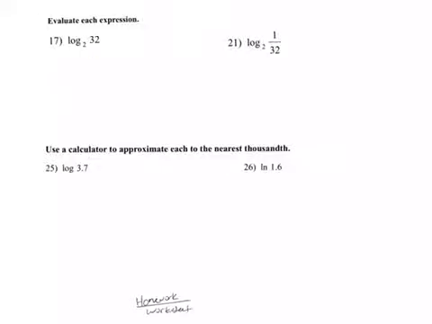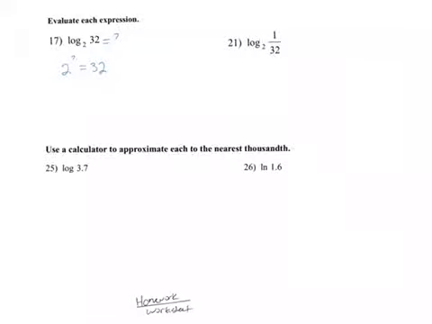So let's try a couple of these. It says evaluate each expression. So what I'm trying to find out is what does this logarithm equal? So I'm just going to go ahead and convert this back into exponential form. So 2 to what power is going to give me 32? And then I just have to logically figure out what that's going to equal.